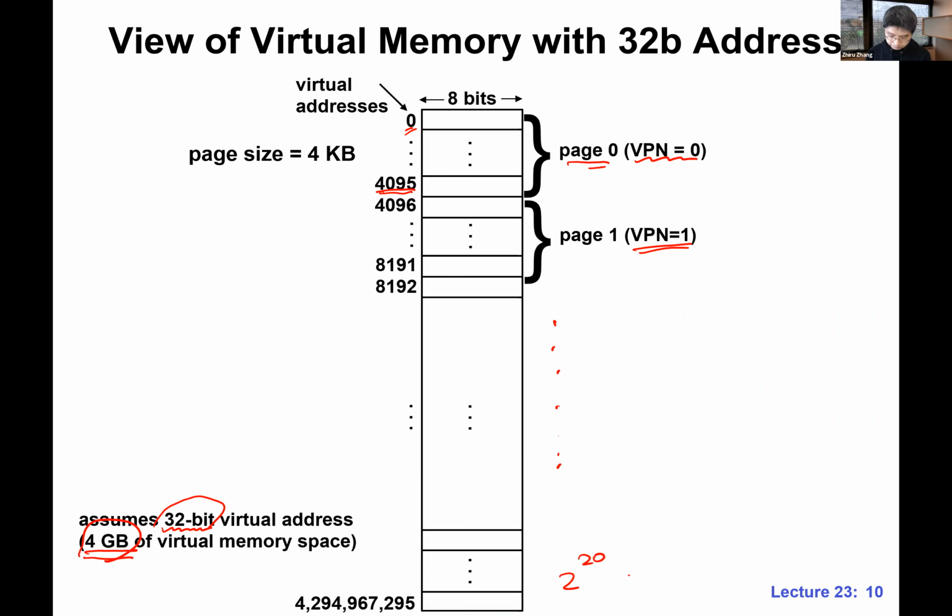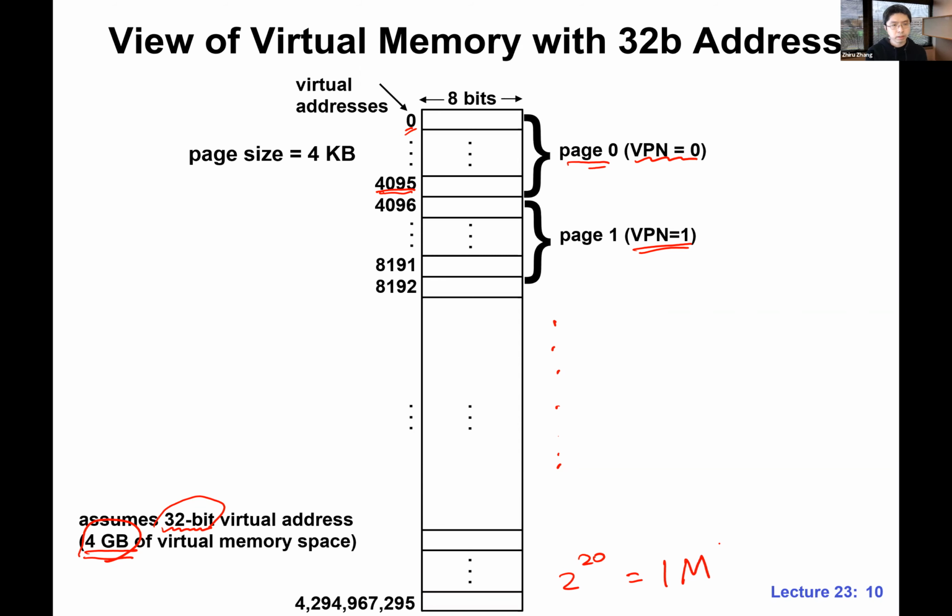What is that in terms of kilo, mega, giga? You really want to be familiar with this. We have roughly 1 million pages, not bytes in this case. We have this many pages, roughly 1 million pages.